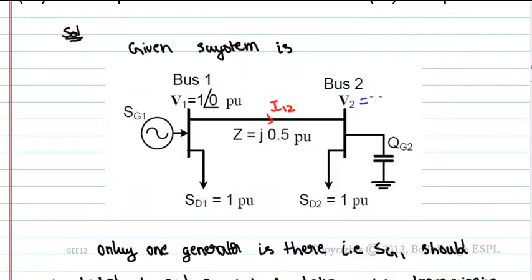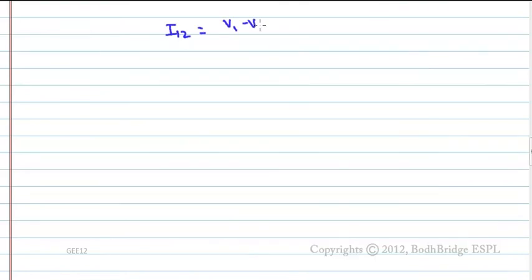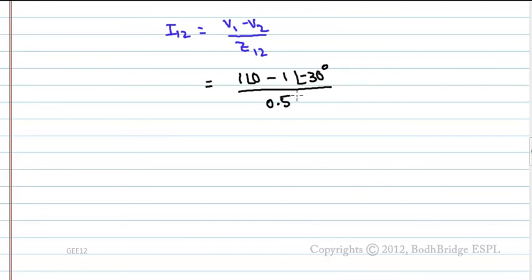So V2 equals 1 at an angle of minus 30 degrees. I12 will be V1 minus V2 by Z12. This equals 1 at an angle of 0 minus 1 at an angle of minus 30 degrees, divided by 0.5 at an angle of 90 degrees.